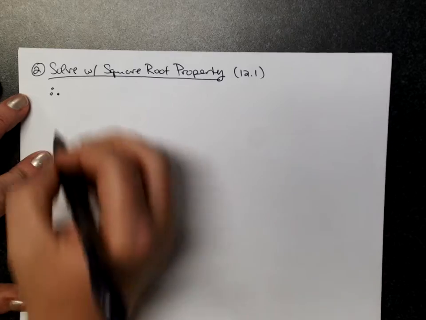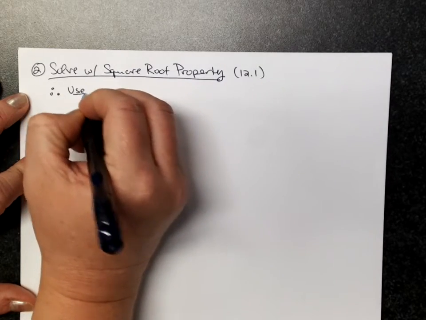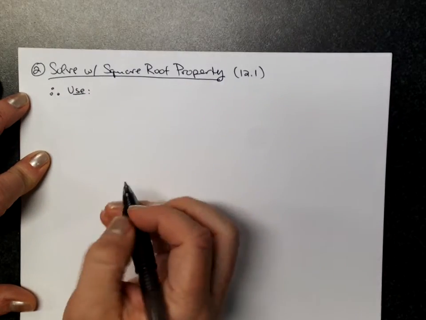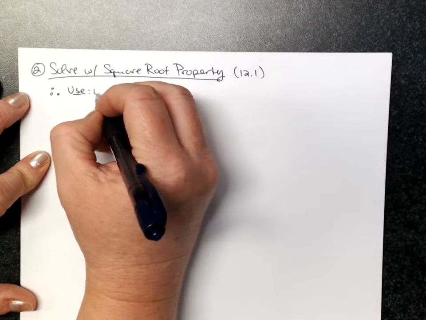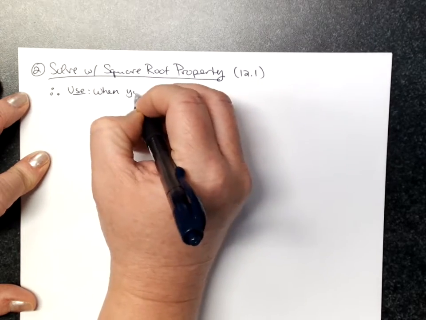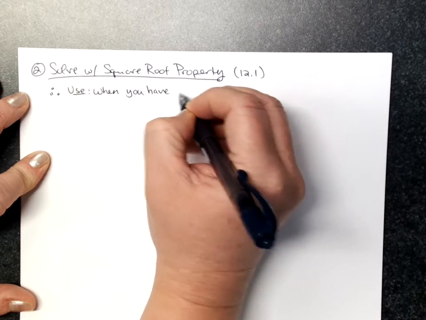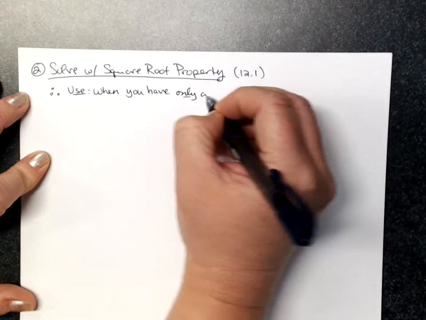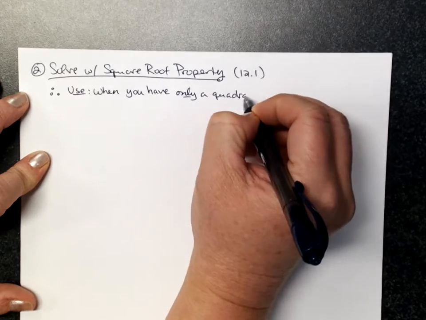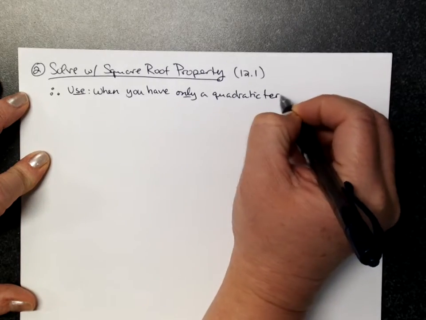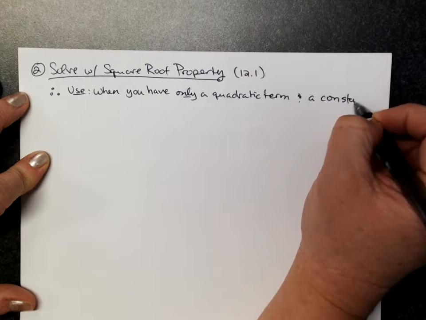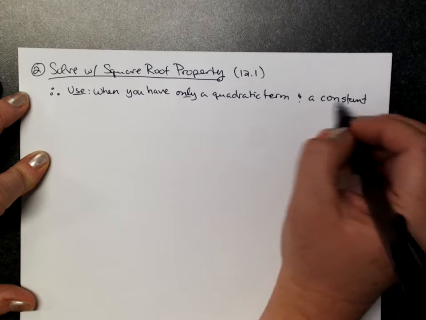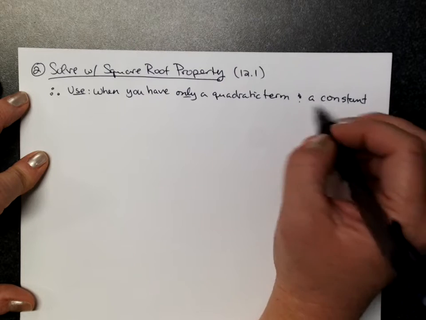So we use this when you have only a quadratic term and a constant. In other words, there's no linear term.